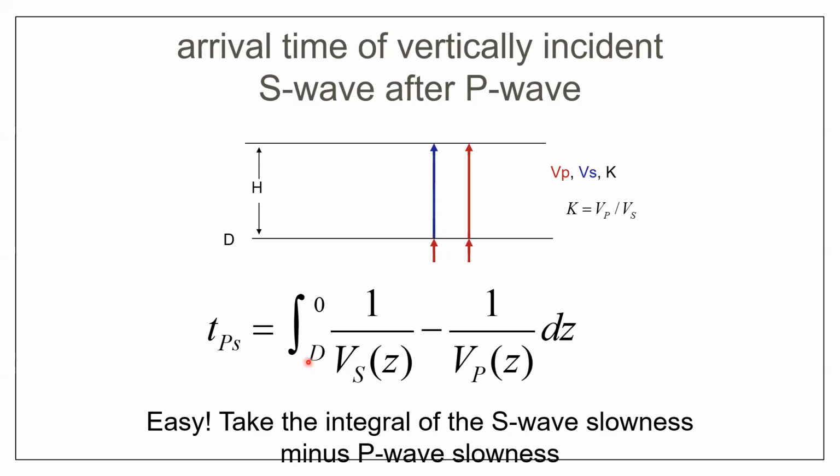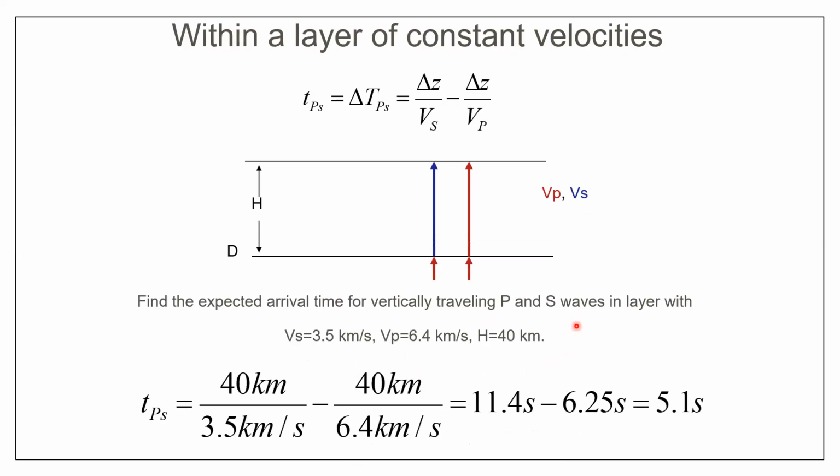From depth H to the surface 0, it is the integral of 1 by shear wave velocity minus 1 by P wave velocity, multiplied with the elemental depth. It looks very easy, right? But it is not always the case.